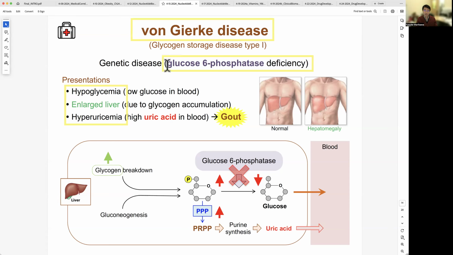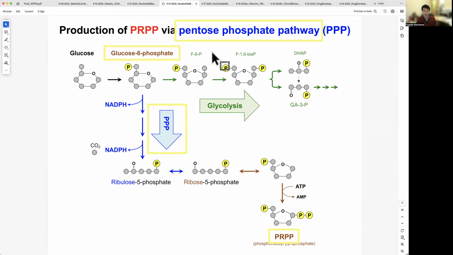And what gene is deficient in this patient? Glucose 6-phosphatase. The link between glucose 6-phosphatase and uric acid is through the pentose phosphate pathway, so that detail you also need to know. Glucose 6-phosphate is directly linked to the production of PRPP, which is the precursor of nucleotide production.